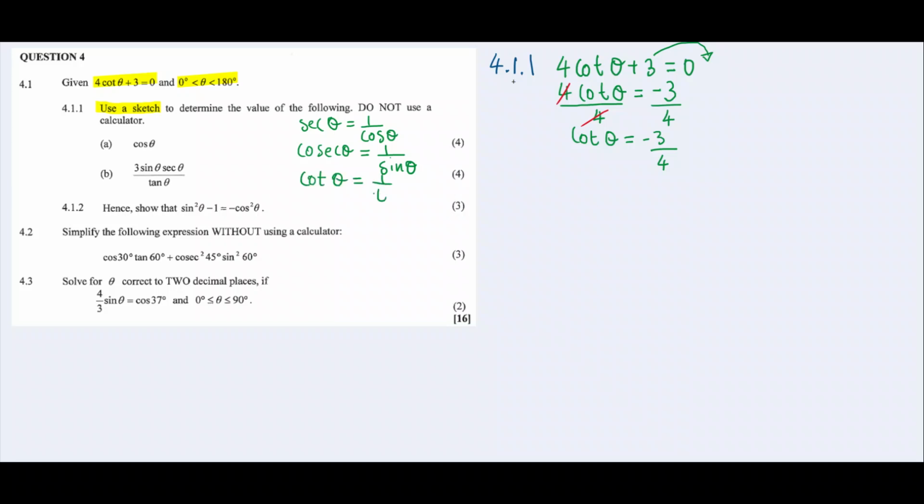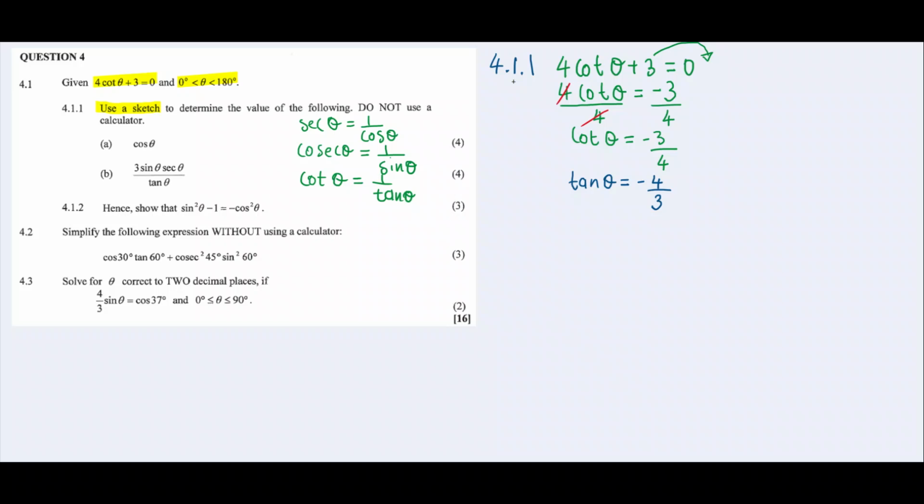And then cot theta, which is the one we have here, is simply the reciprocal of tan theta. So this cot theta, if we do the reciprocal, is the same as tan theta equals -4/3.